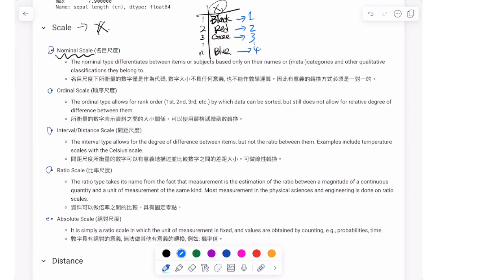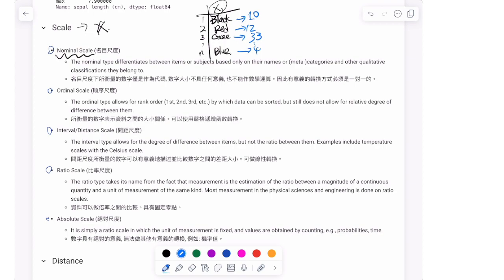But basically, such encoding makes no sense, because you can encode black to 10, red to 12, right? Green to 33.